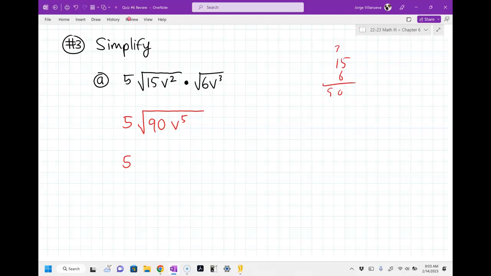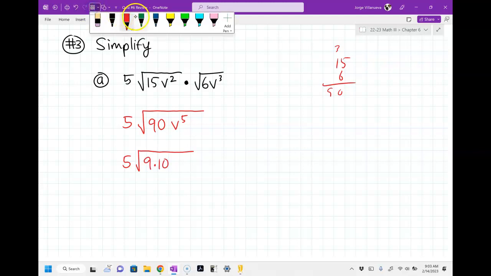Okay, so now let's think of numbers that multiply to 90. What numbers go to 90? One of them has a nice square root. One's a 1-digit number, one's a 2-digit number. 9 and 10, right? 9 times 10. Now, what's my index on this square root? Remember the little number in the front?